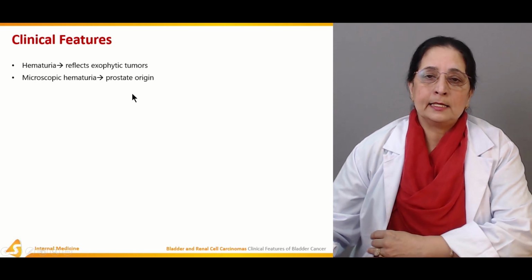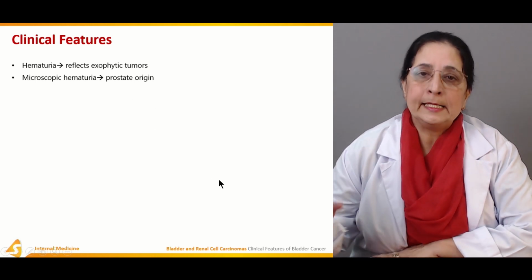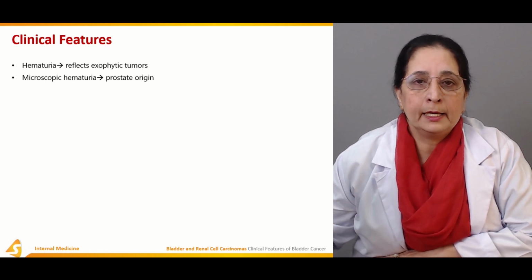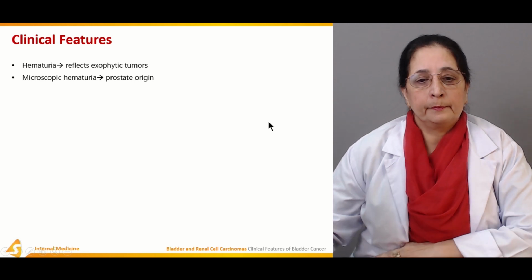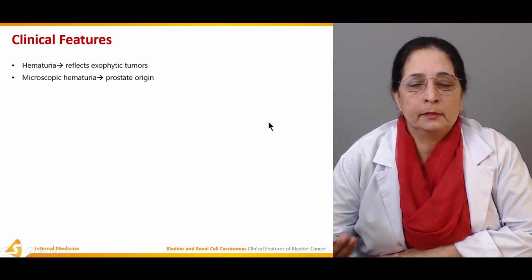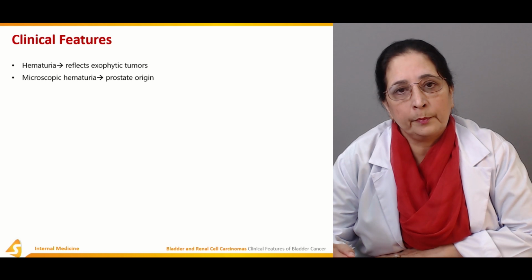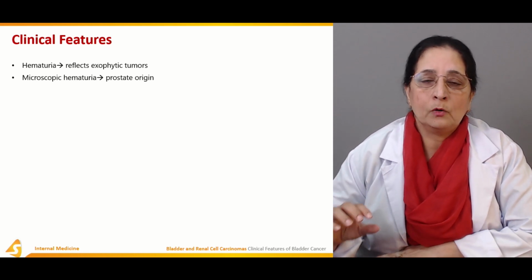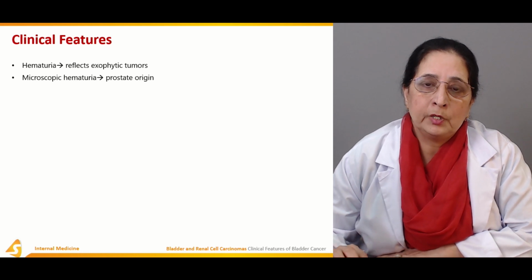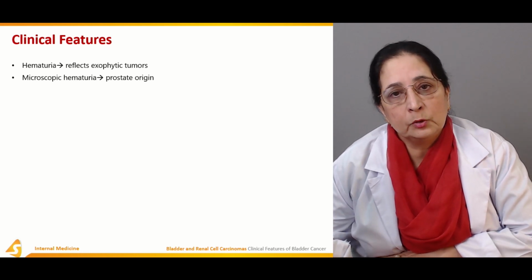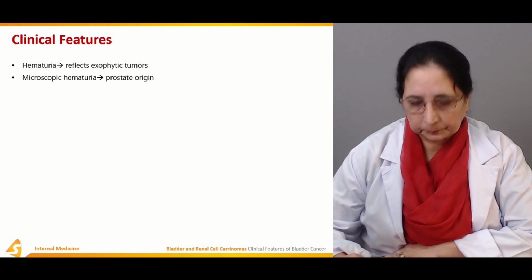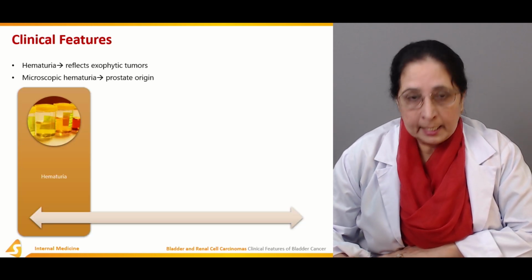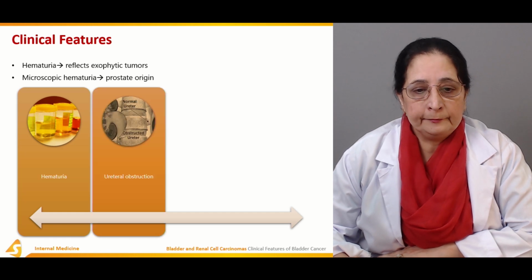Then there are tests done for occult hematuria. So we should do the testing to find out whether there is hematuria which is not visible to the naked eye. Hematuria, again, is an important clinical feature.